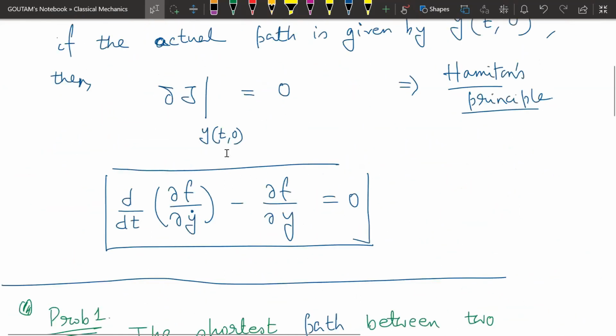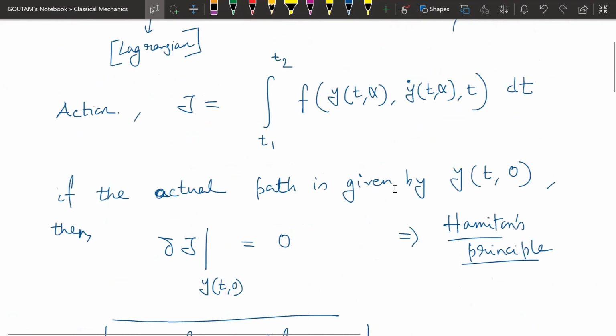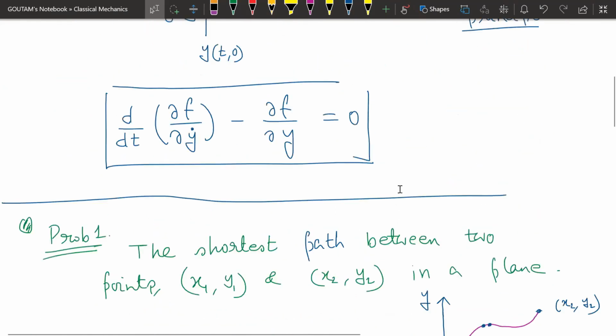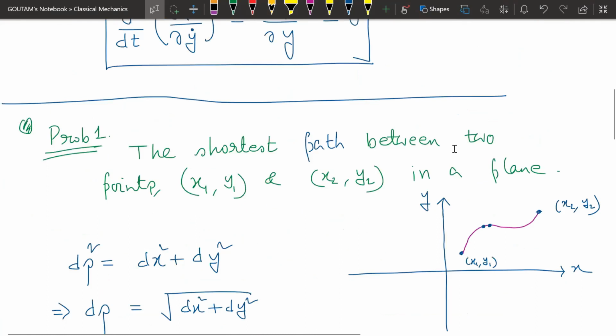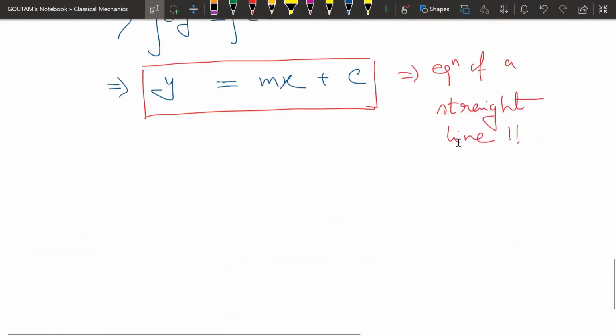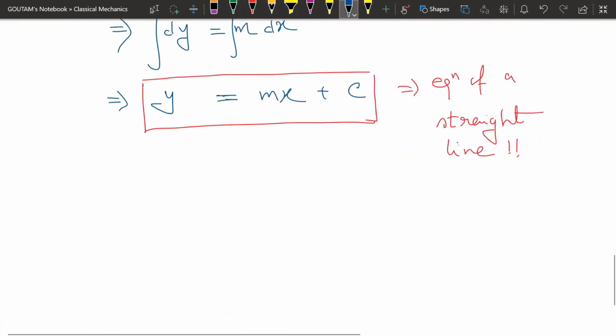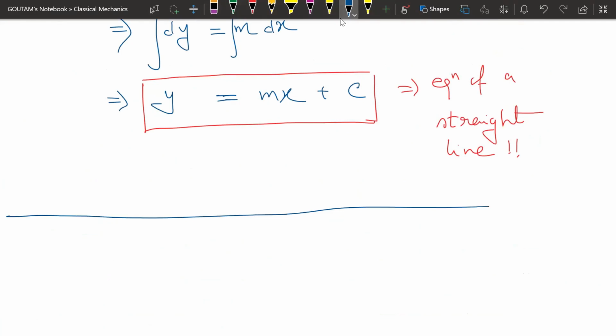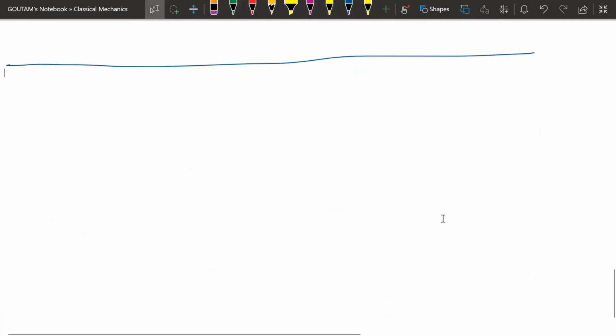This use of action, forming an action and making its variation zero, has a use also in field theory. There also we talk about action. So let's do another problem where we use the calculus of variation.